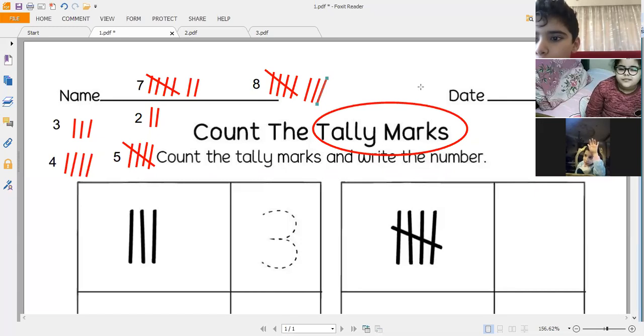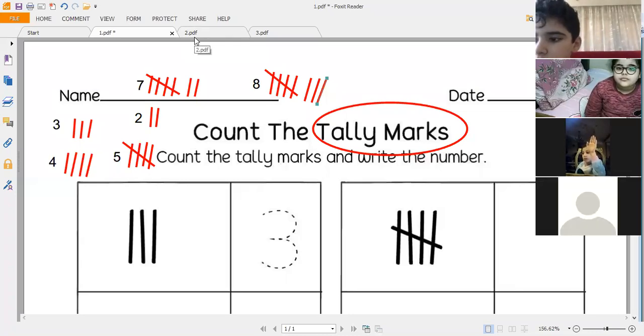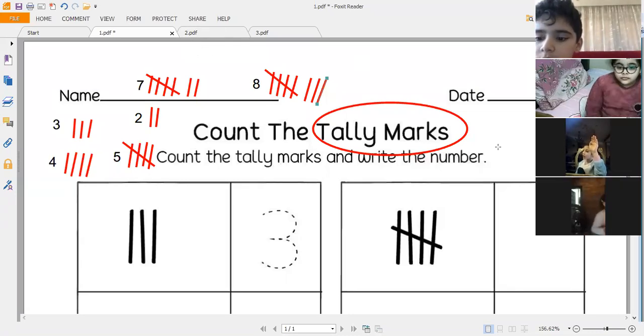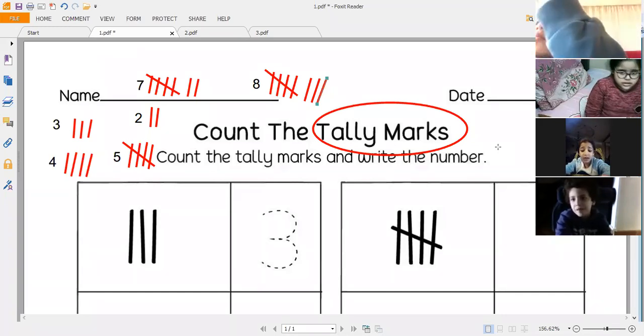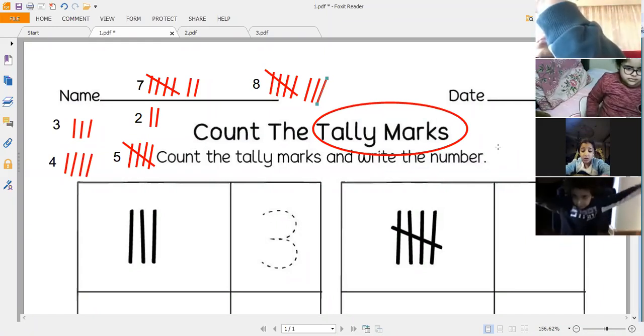Do you have a question? I want to answer. You want to answer? Miss, can I read? Because yesterday I raised my hand and you told me I will read, and I didn't read yesterday.